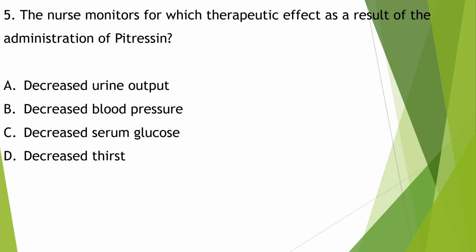Pitressin, this is a form of antidiuretic hormone, works by increasing the reabsorption of water in the kidneys and is manifested by a decreased urine output. Other therapeutic effects include normalizing BP, which may be decreased with diabetes insipidus. Pitressin has no effect on serum glucose level. Thirst may decrease as fluid balance is re-established.